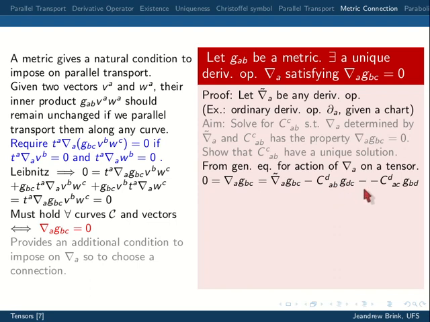Sorry, and there's an extra minus here: minus C^d_ac, and you are contracting over d, therefore whatever was in d's place must go down there. So you have g_bd.